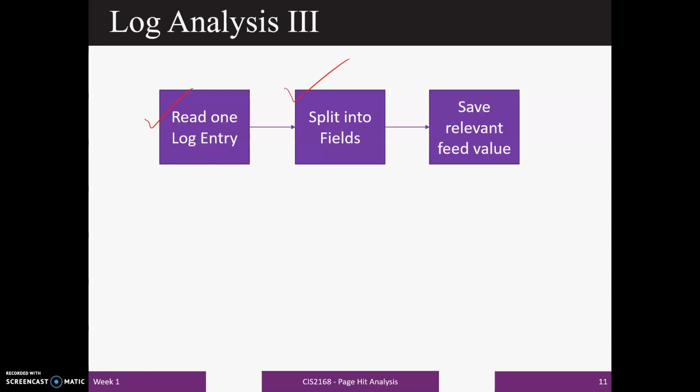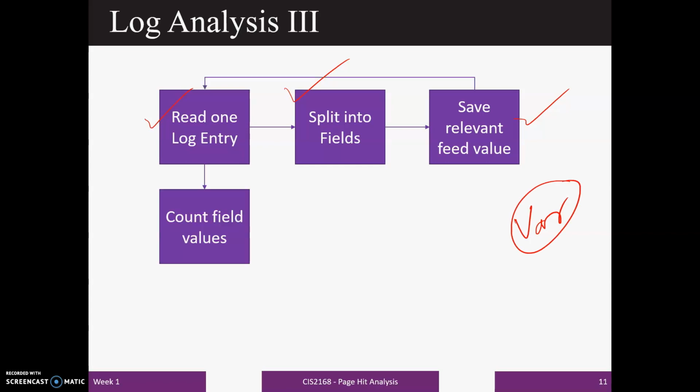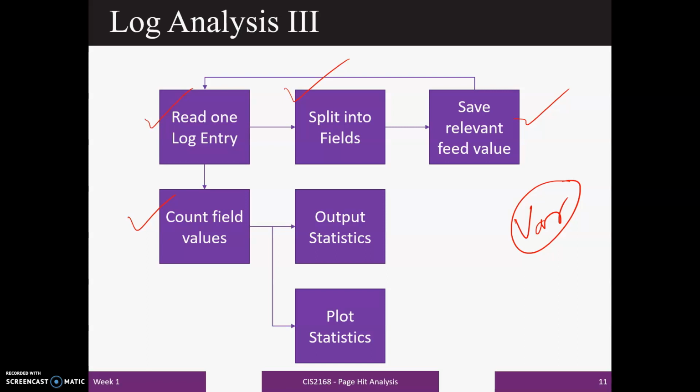Then save relevant field values. You need to use a variable to save the value. Then repeat this process and count the total number of values, total number of fields present in the list. Then generate the output. You can generate output statistics, and you can create plots for visualizing the output.